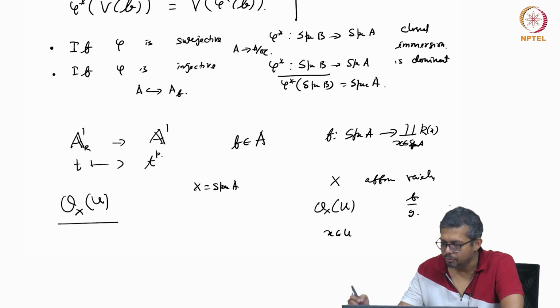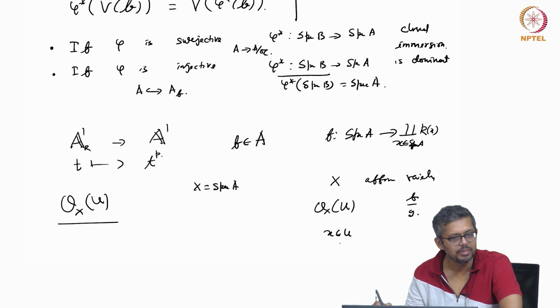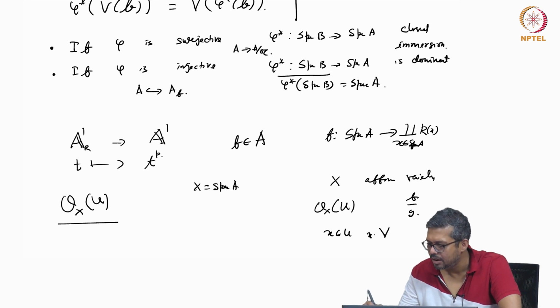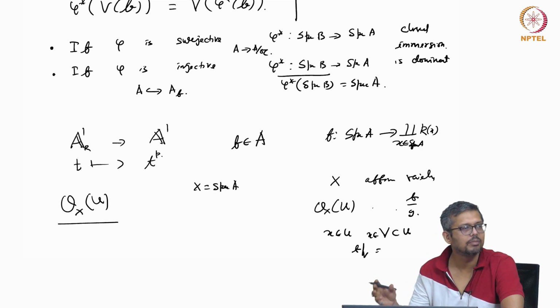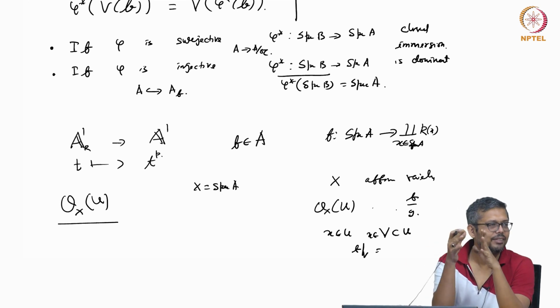No. For every point x in U, there is some neighborhood V containing x, inside U, such that when you take the function restricted to V it is of the form f by g. It was not globally there.